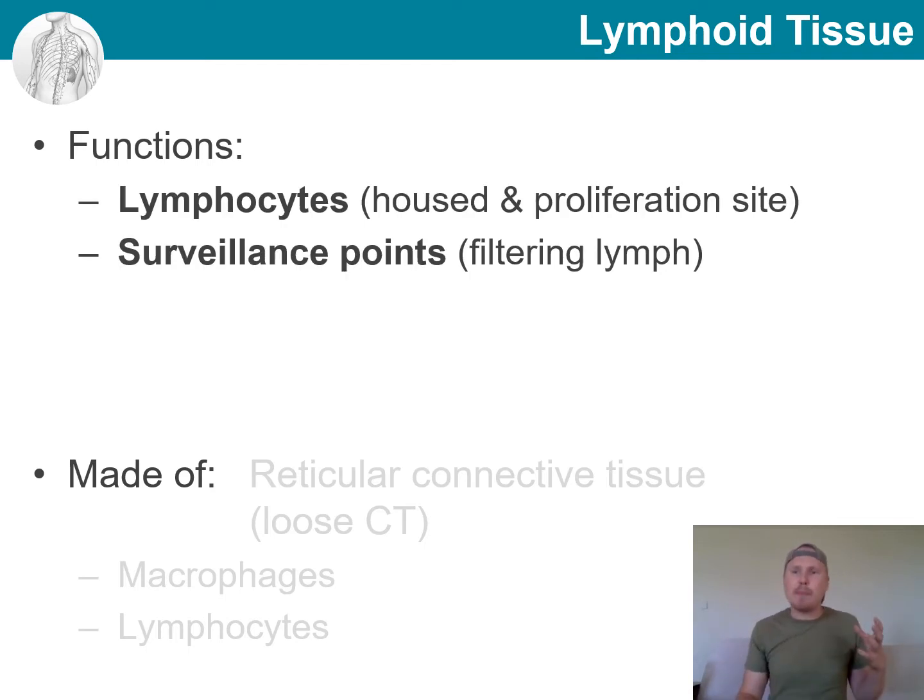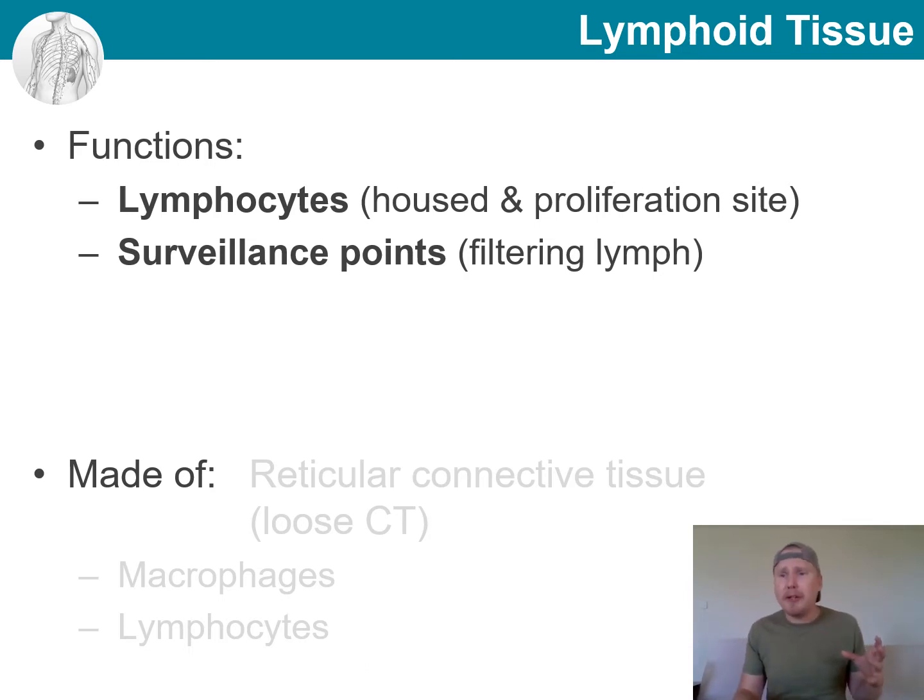These tissues provide sites where the lymphocytes are housed, as well as a site where they can proliferate should there be a need for more of these. Another function is providing a surveillance site where lymphocytes and macrophages can filter through the lymph. So those are our two main functions.